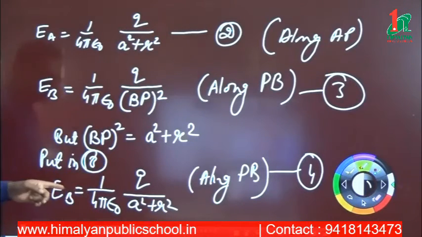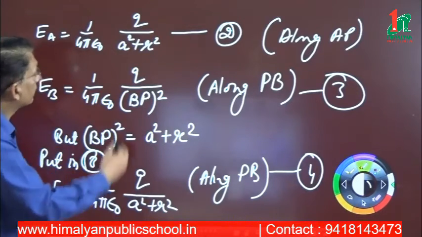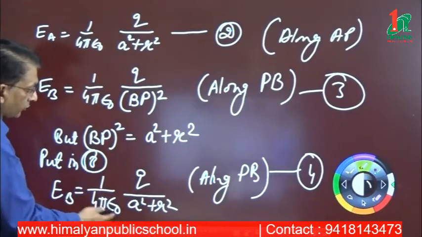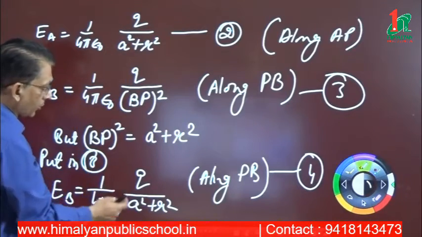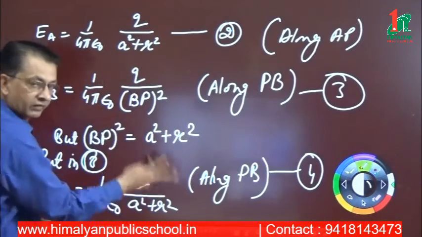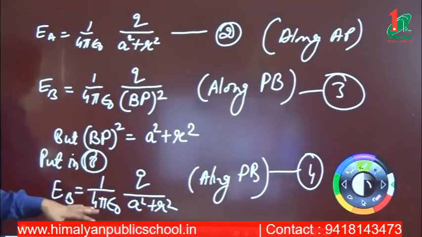The electric field produced by charge minus Q at point B is again the same, 1 by 4 pi epsilon naught Q upon A square plus R square. Both are the same.